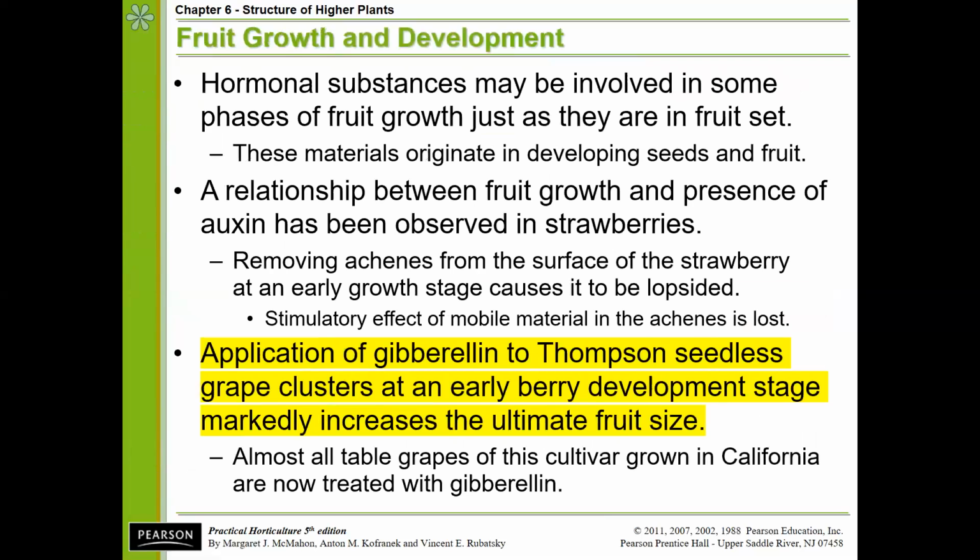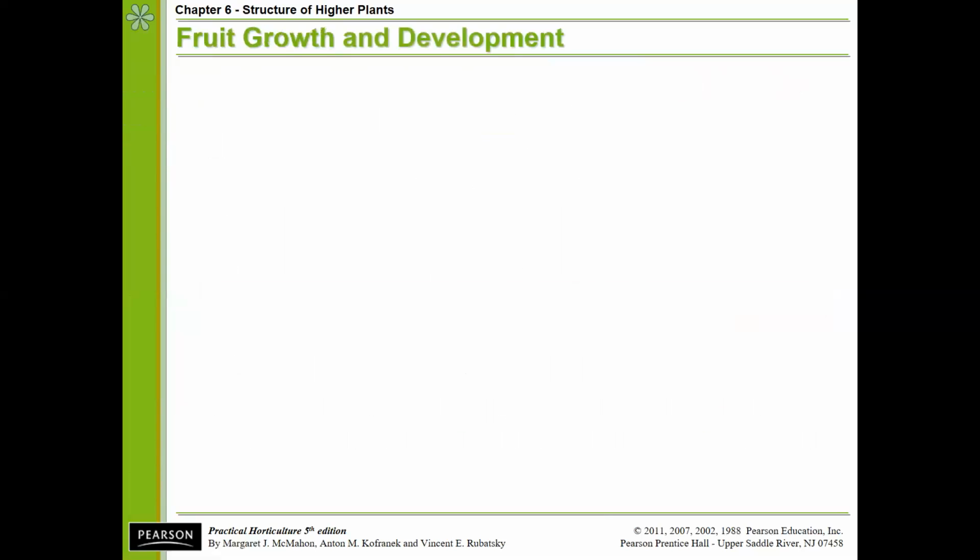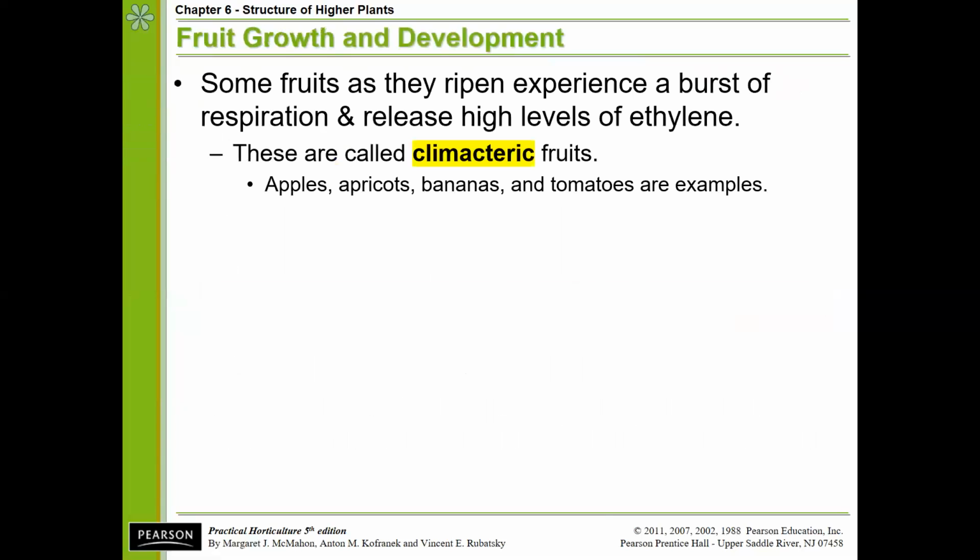We're going to look at some of the different hormones and how they affect plants. One of the big ones that we see very often is the application of gibberellin to grape clusters to increase the fruit size. Another thing on fruits, remember the climacteric fruits.